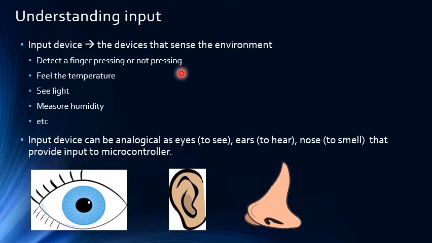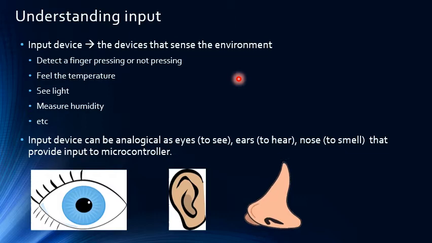So it depends on your application. You don't have to provide all of these sensing devices to the microcontroller. If you just want to tune the microcontroller to sense the temperature, then you just need to put in a temperature sensor.